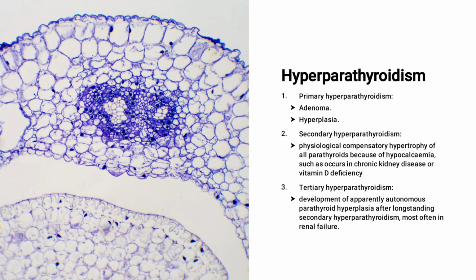Normally, if the calcium is high, the parathyroid hormone should decrease, but this is not the case here. The parathyroid hormone will still be high. So this is called tertiary. So it's a sequel from the secondary hyperparathyroidism.